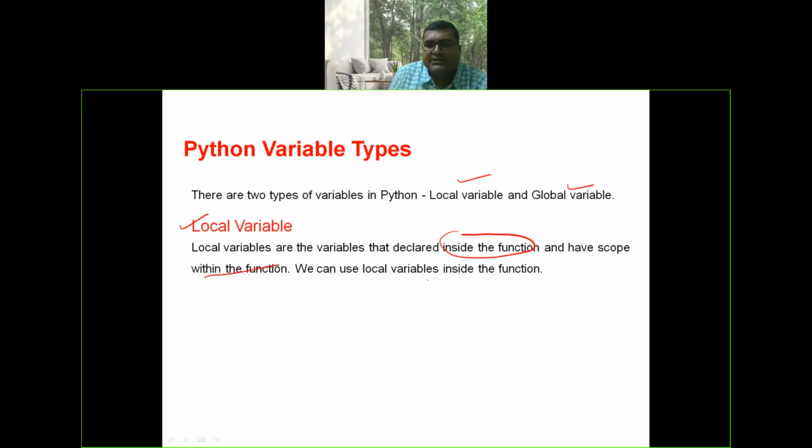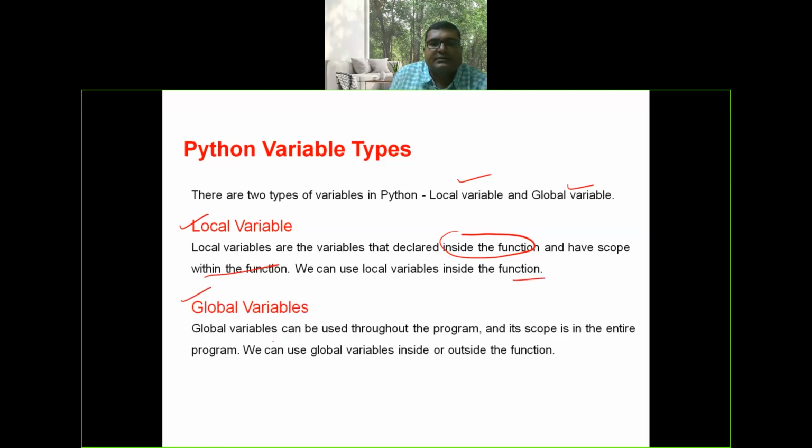We can use local variables inside the function only. Global variables are the variables declared outside the function, and their scope is the entire program.